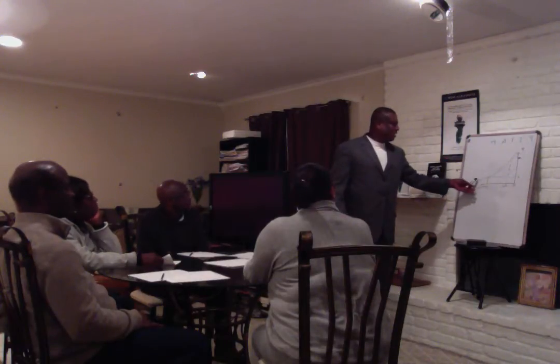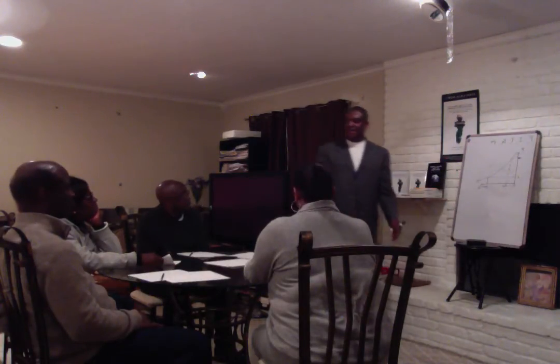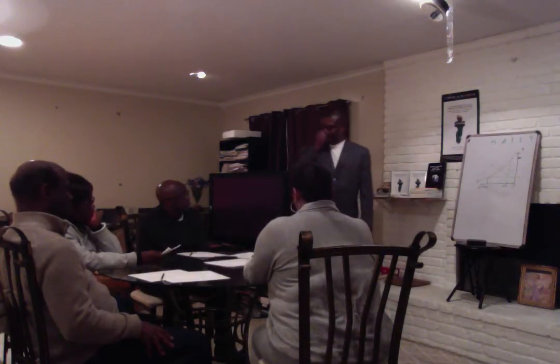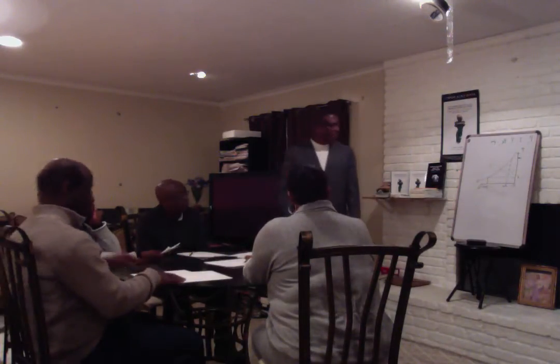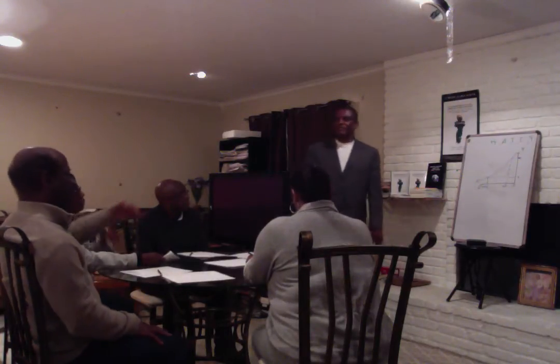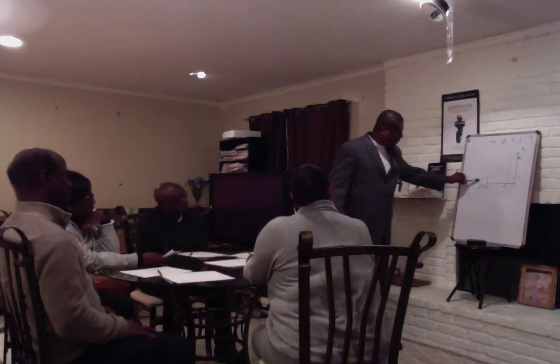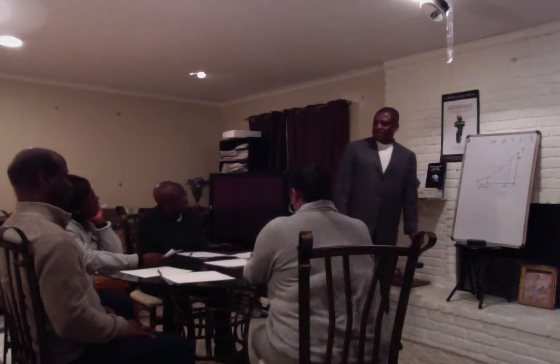How can we describe the demand curve as it is now on the board? Mr. Adam? Okay, the demand curve is downward sloping. Is there any other way we can also describe it?